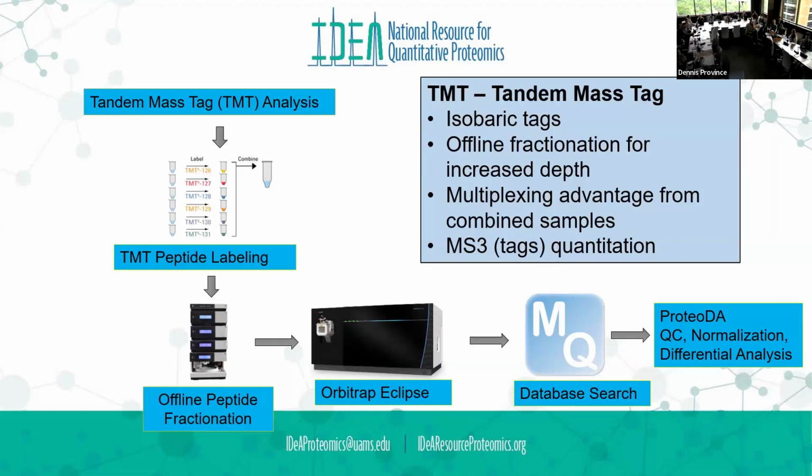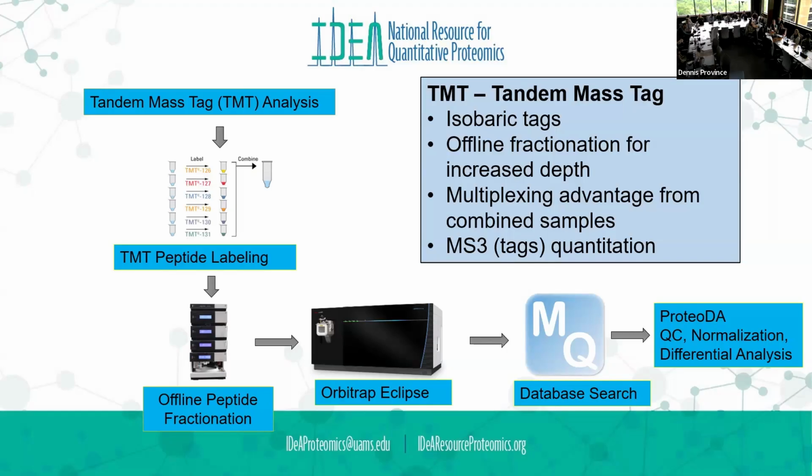run them on your Orbitrap Eclipse, and then the database search that we'd use is an open source program called MaxQuant that you could download on your computer today, and it will search. And the great thing about our TMT is that we can do proteomics with our TMT.